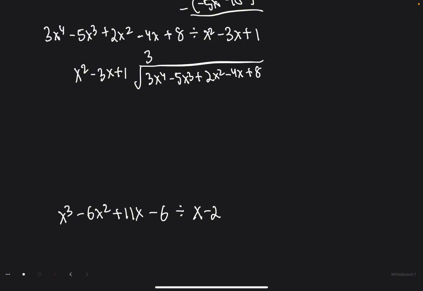So we would try to match that first term, and so 3x squared, so it gets you to 3x to the fourth minus 9x to the third.